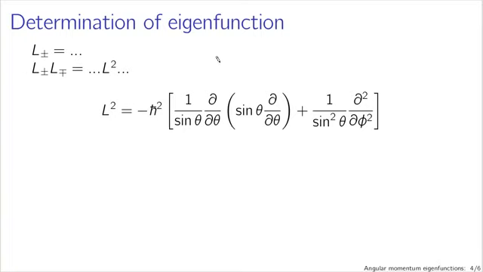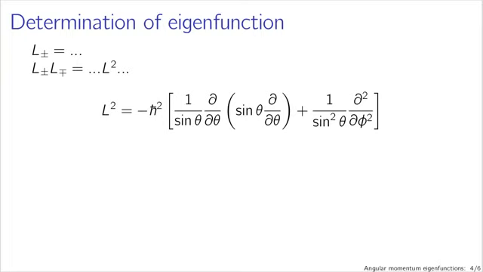Multiplying those out is simply an exercise in multivariable calculus, taking partial derivatives, applying chain rules, etc. When you do all of that, evaluating this expression that we got from the algebraic structure of L squared in terms of L plus, L minus, and Lz squared and Lz, you can go and look that up in your notes, you end up with an expression for L squared. This should start looking reasonably familiar.